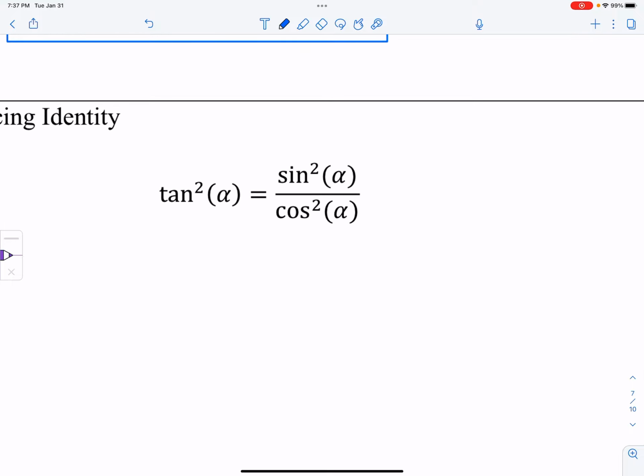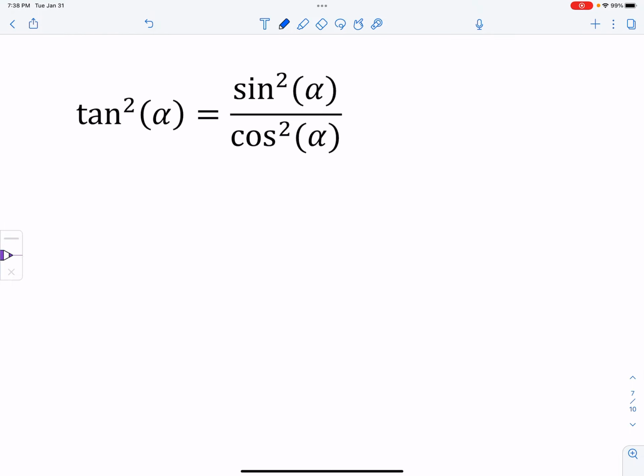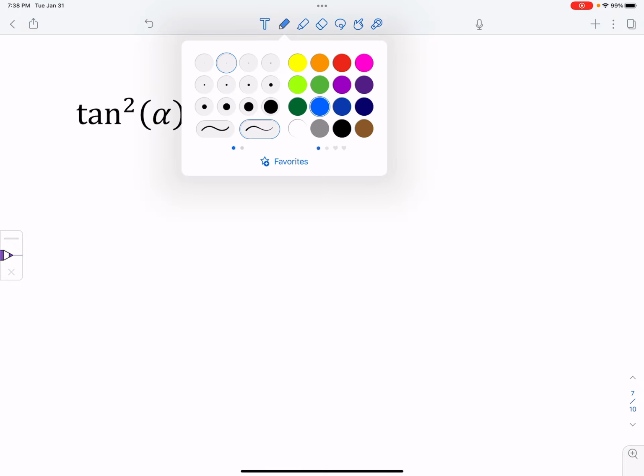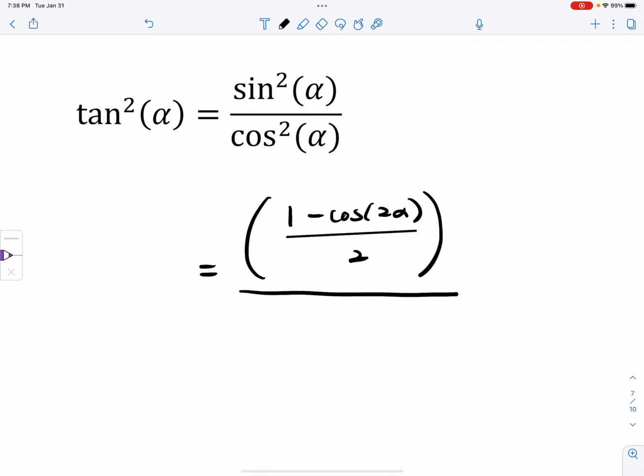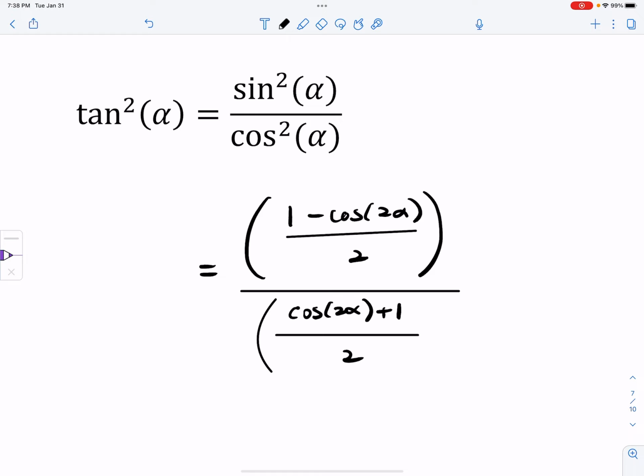Okay, and then because tangent is sine over cosine, tan squared is sine squared over cosine squared, and we've derived the power reducing identities for sine and cosine. So we can replace sine squared with 1 minus cosine 2 alpha over 2, and we'll replace cosine squared with cosine 2 alpha plus 1 over 2.